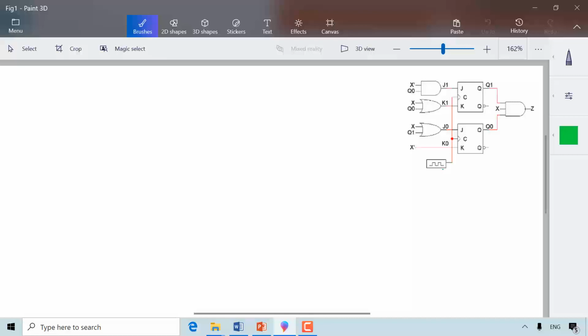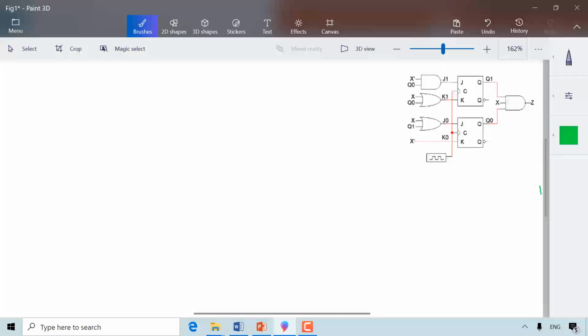But somebody might ask the question, we know that the sequential circuit looks like this. Here is the combinational circuit. This is what we learned before, right?